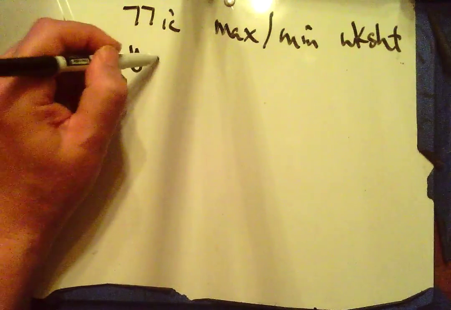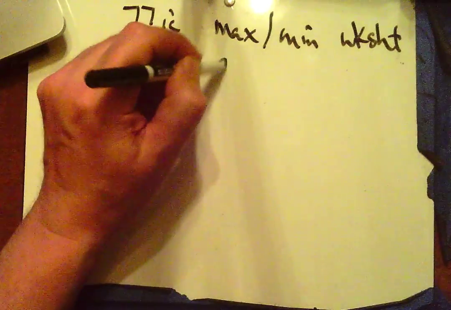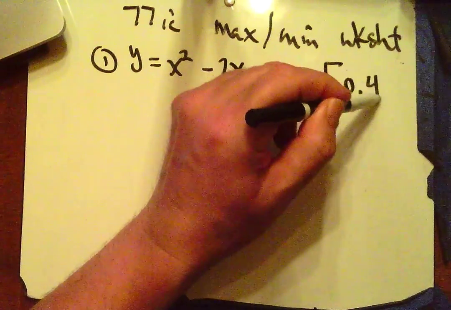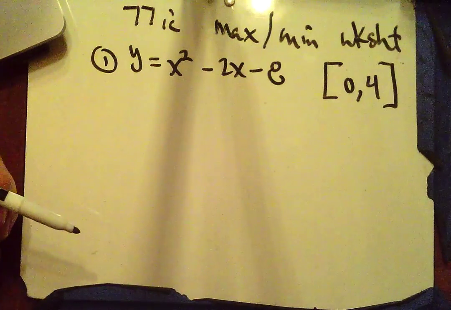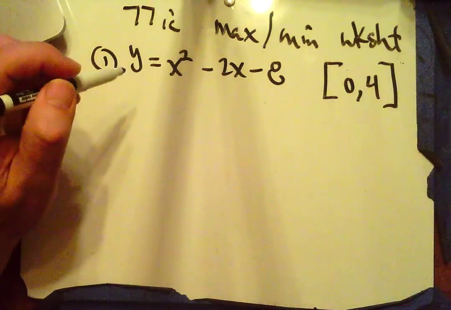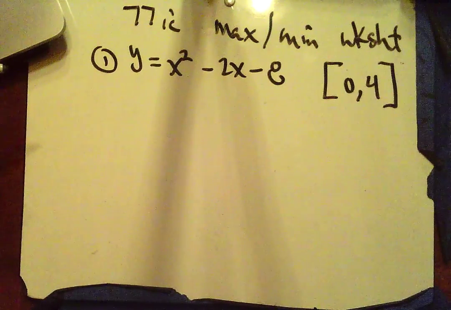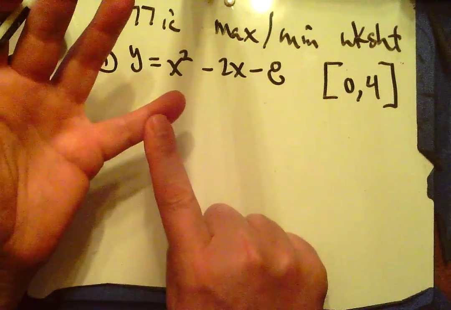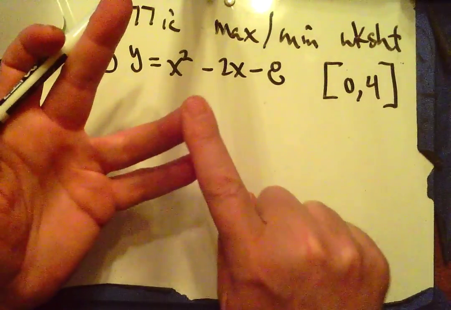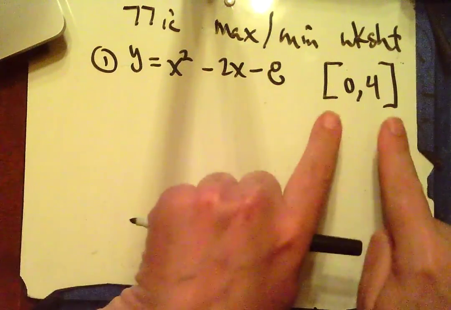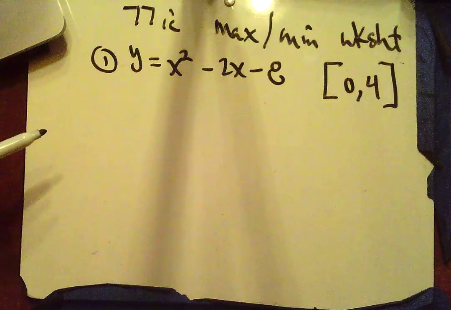We're told that y equals x squared minus 2x minus 8 on the interval from 0 to 4. When I think about finding mins and maxes, I always think about setting the derivative equal to 0, finding when the derivative is undefined, and checking the endpoints of a bounded interval. So let's do that.